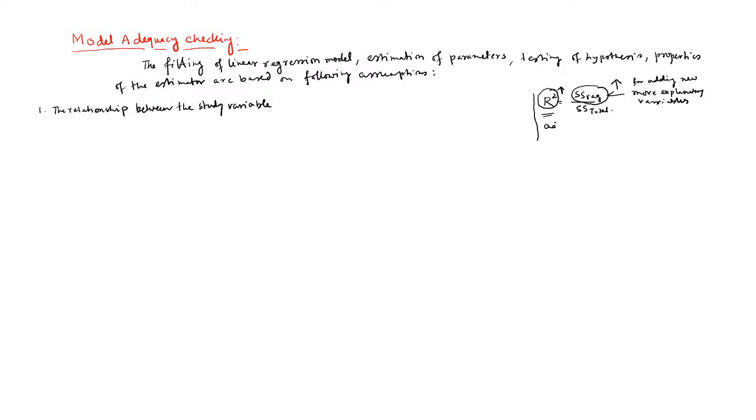But adjusted R square increases only when the new variable added is significant. So if your adjusted R square increases significantly, this means your additional new variables have significant effect.